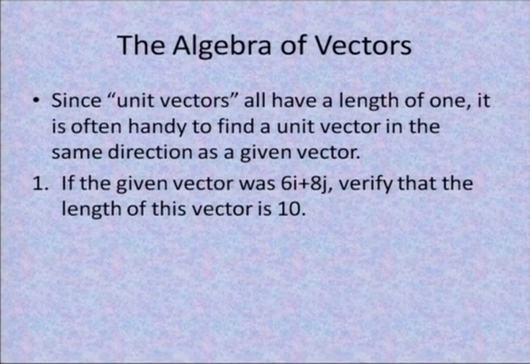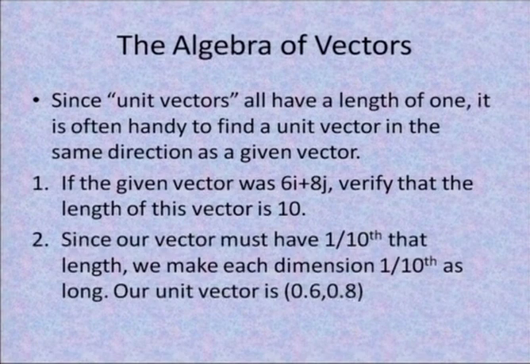Supposedly, you drew a right triangle and went to the right 6 and up 8 and said, I recognize that one as the old 6, 8, 10 right triangle, so the length of that vector is 10. Now we want a vector that only has a length of 1, which is 1/10 of that. So if we took each dimension and made it 1/10 as long as it was previously, we would have a vector that had a length of 1.